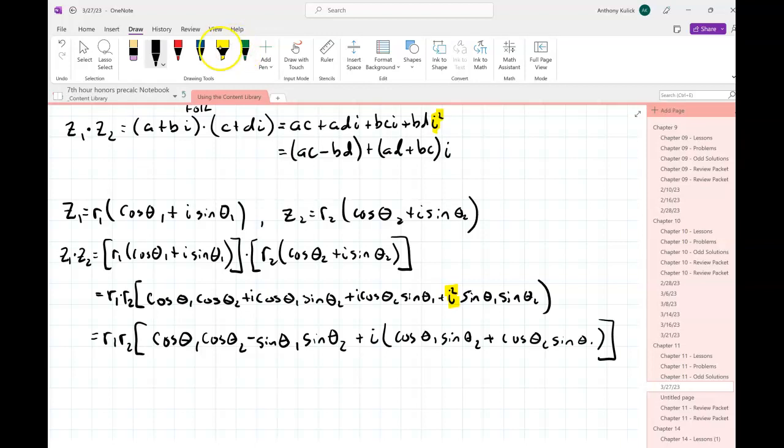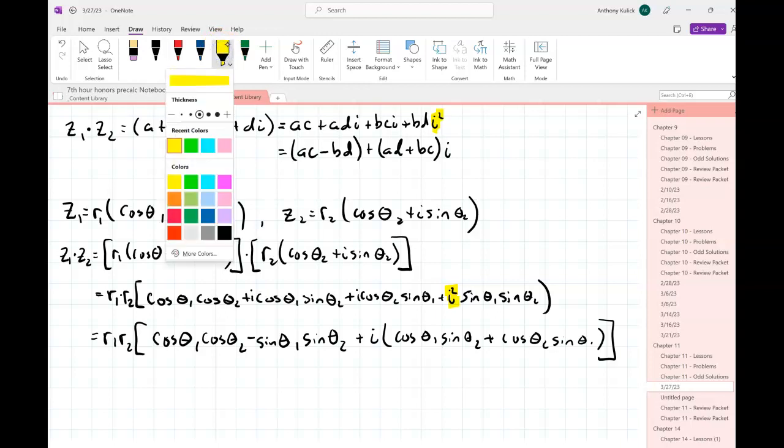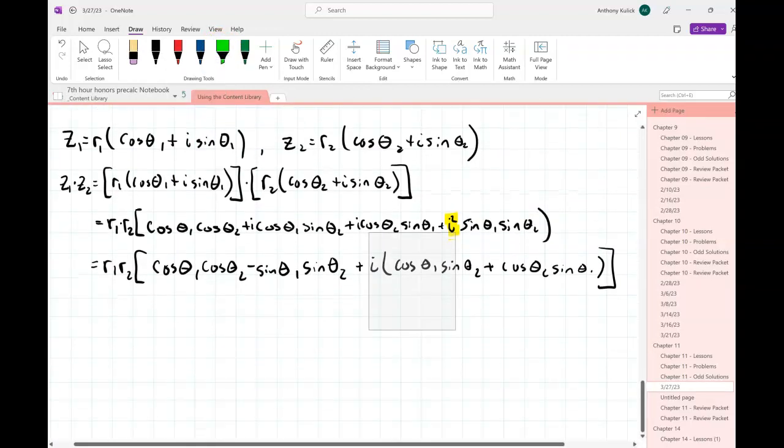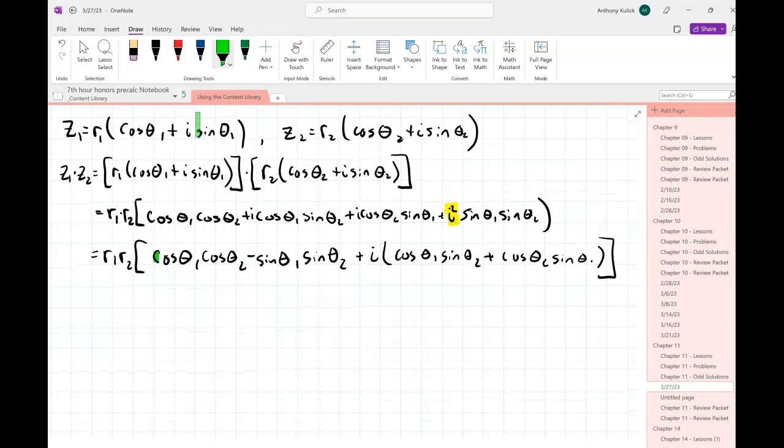Do you see it? Do you recognize that? Cosine theta 1 times cosine theta 2 minus sine theta 1 times sine theta 2? It is an identity.